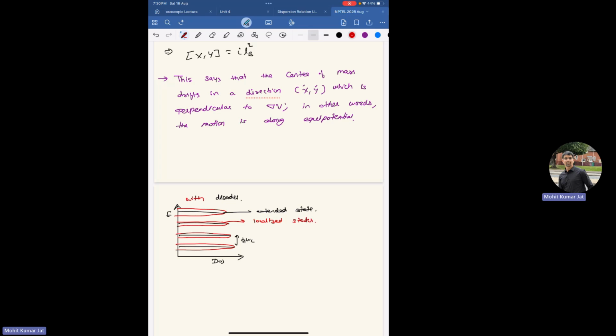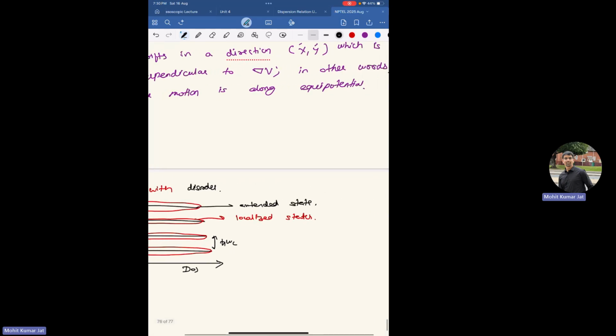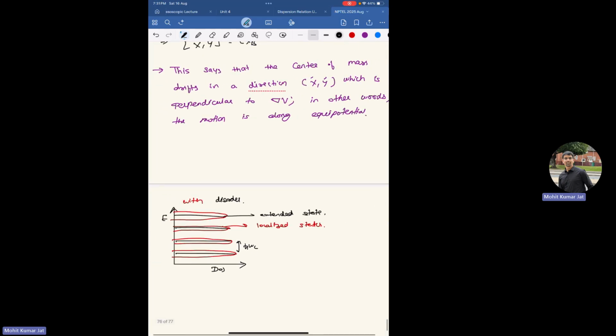So these are the extended and the localized states, and since these available states are there, in the carrier density you can move, but you won't go to the next Landau level. In that case, your conductance is essentially through the edges, which is by the extended states, and these localized states just help you pin your Fermi energy.